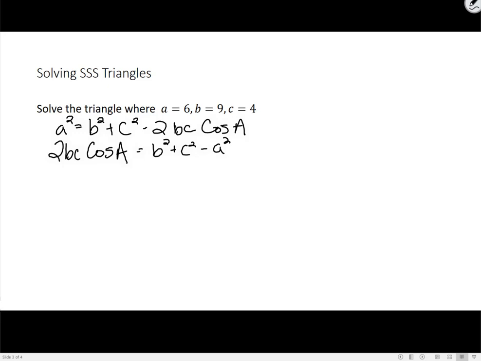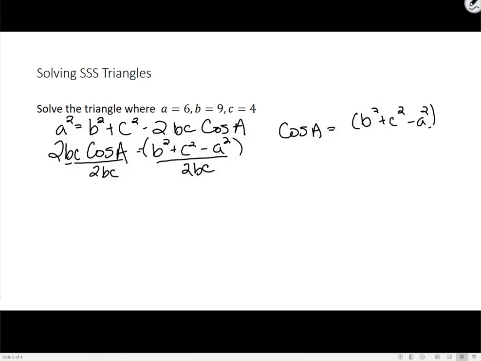Now I need to get cosine A by itself, so just like previously I'm going to divide both sides by 2 times B times C. What this tells me is that cosine of A equals B squared plus C squared minus A squared, divided by 2 times B times C. On the right-hand side those are all sides, so now I'm at a place where I can just plug in A, B, and C.